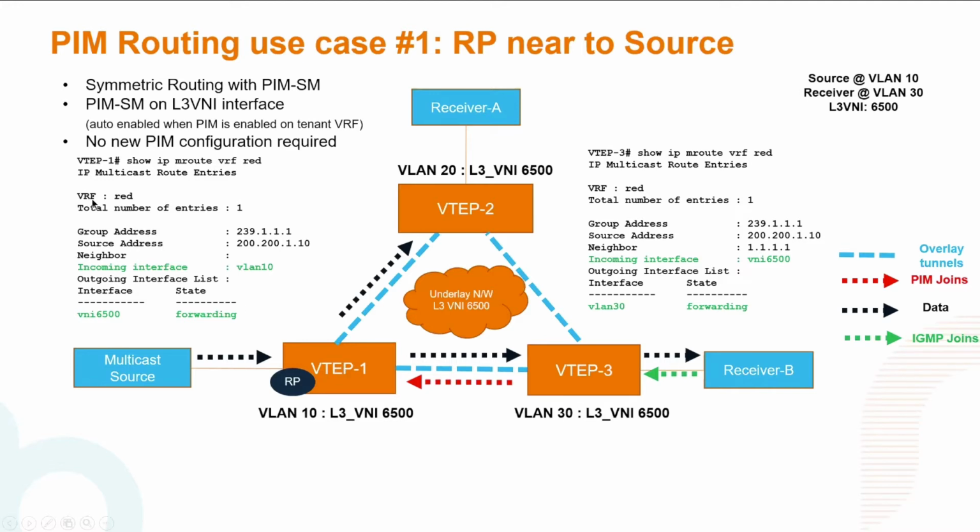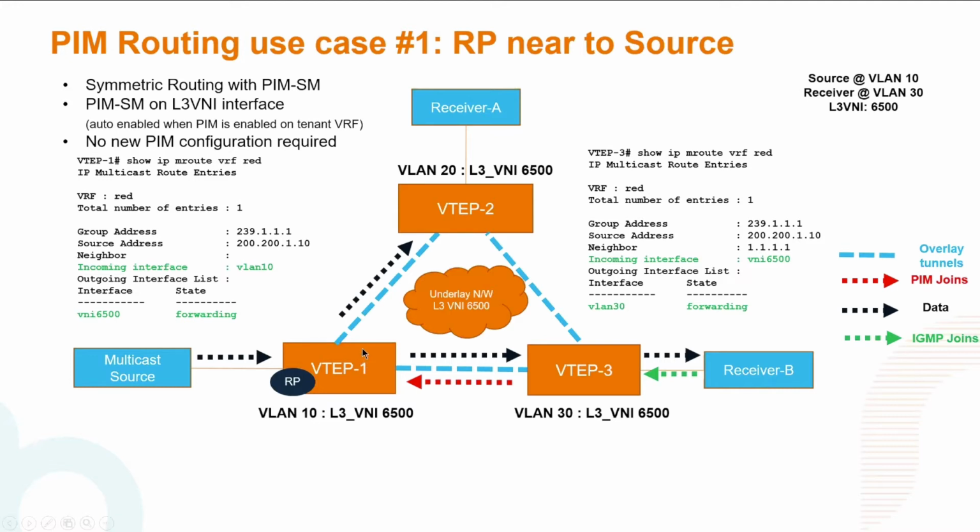The output on VTEP1 will look like this, just like our regular PIM. You have an incoming interface of VLAN 10, and we'll have the L3 VNI interface as the egress list.